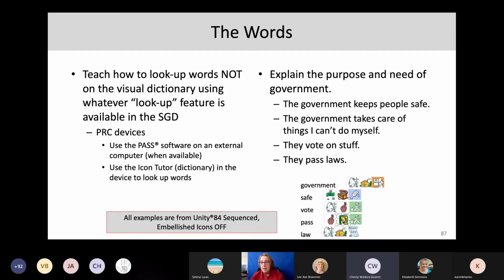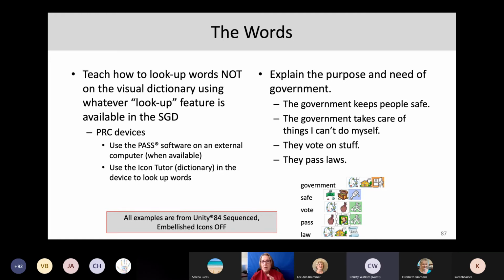And if we're thinking about a lesson that they're going to be doing, we think through, and if the words are in there and the teacher has identified some words that'll be part of her lesson in explaining the purpose and need of government, I'm not opposed to using those words if they're in there. I could say, well, this is a place, then maybe I'm going to redeem my time and do descriptive teaching somewhere else. Because we already in this program have the word government, safe, vote, pass, and laws.